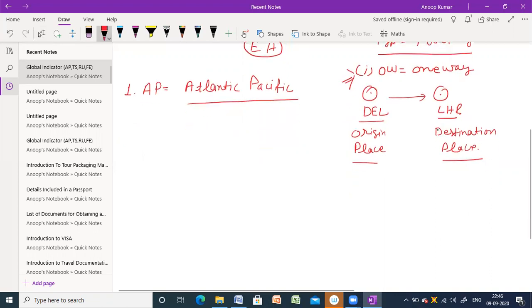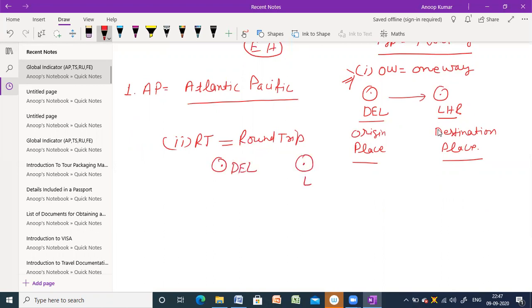Then we have another type of journey, that is round trip, RT. When you come back to your origin place, for example, you started your journey from Delhi, Delhi is the origin place. You are going to London, and then from London you are coming back to Delhi.